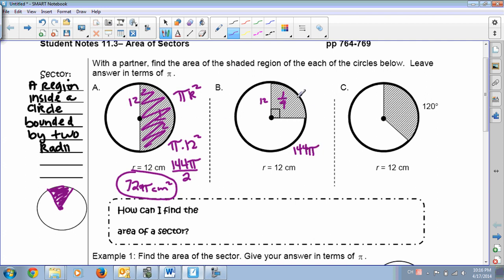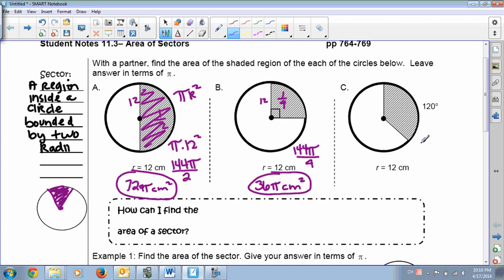But to find just the area of this section, 1/4 of the whole circle, we would just divide it by 4. 144 divided by 4 is just 36 pi centimeters squared.